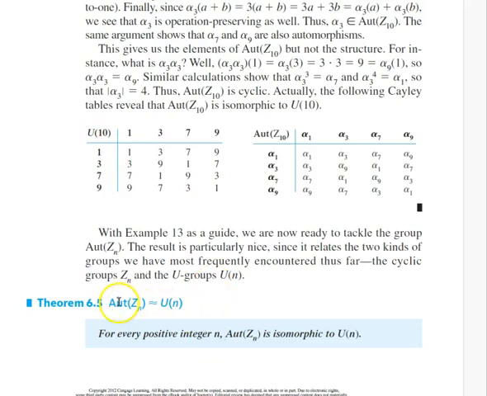Similarly, in theorem 6.5, one can prove that the automorphism group of Zn for any positive integer n is isomorphic to the group Un that we know.